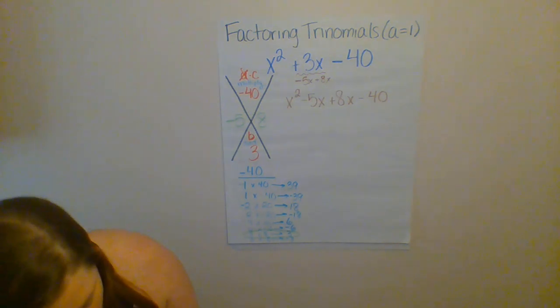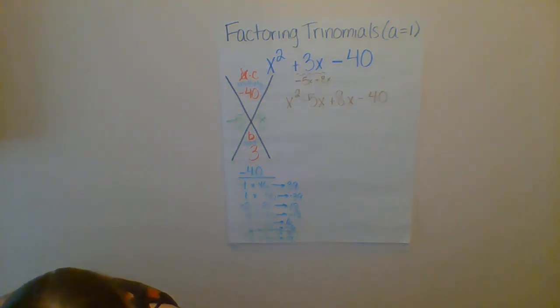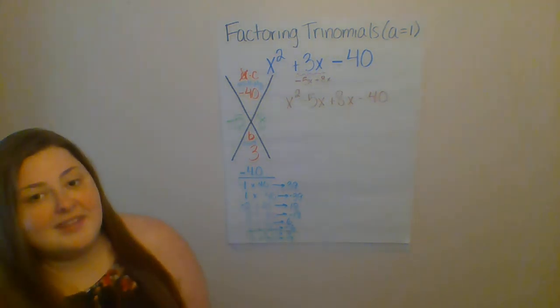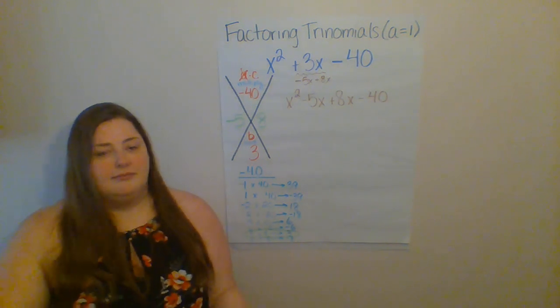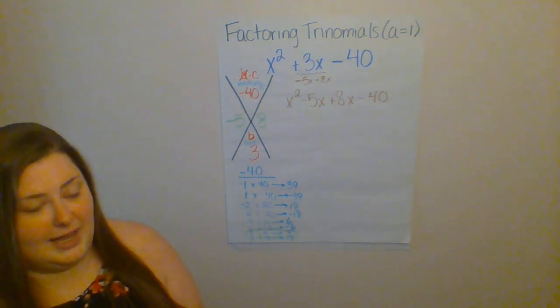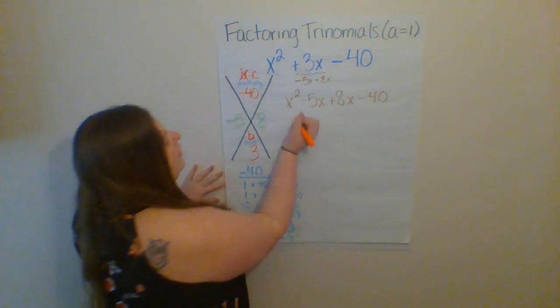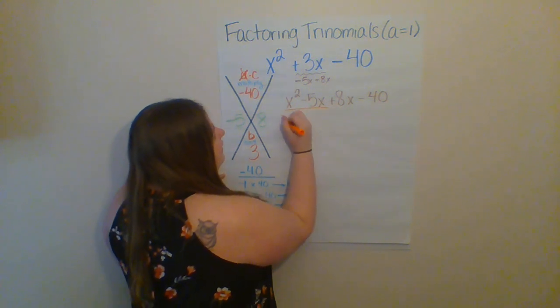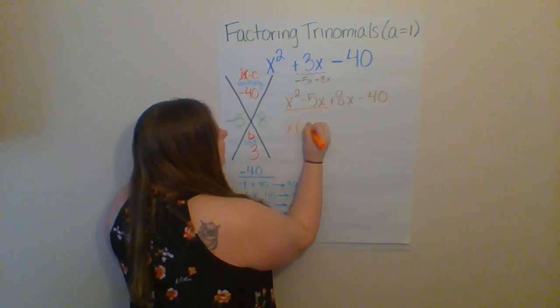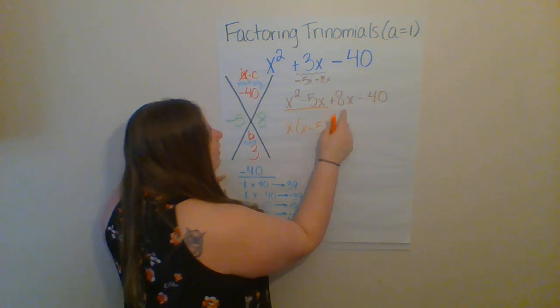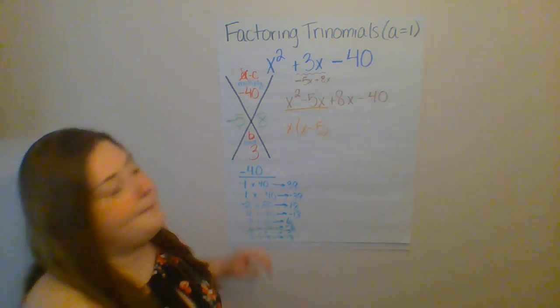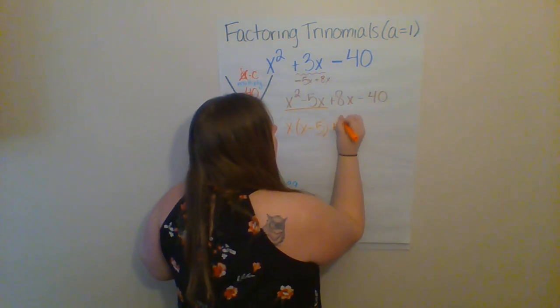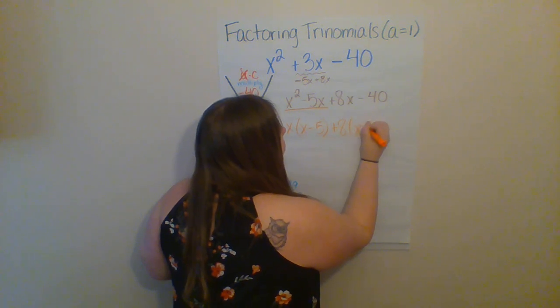Now from here, we are going to factor this by grouping. You're not sure how to factor by grouping? I have another video that explains that. So this x squared minus 5x becomes x times x minus 5. This 8x minus 40 becomes 8 times x minus 5.